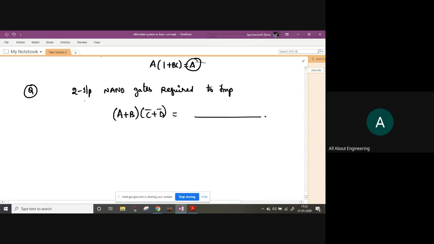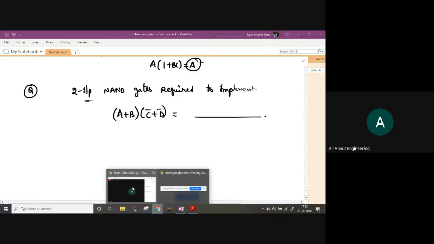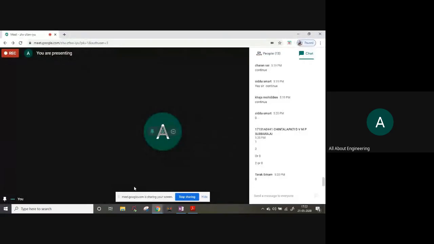The minimum number of 2-input NAND gates required to implement A plus B and C bar plus D bar. Assume this as a numerical question and answer. That was a very, very, very important question. Try to answer that on your own.